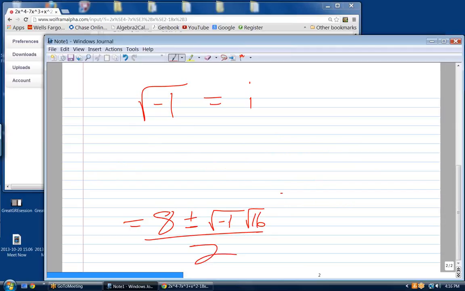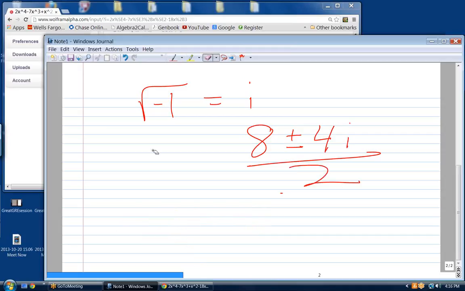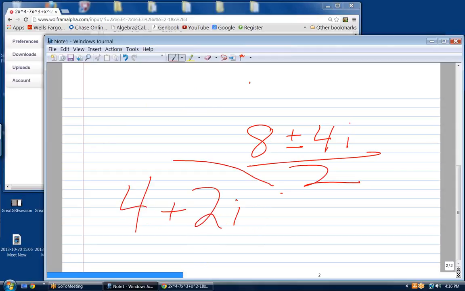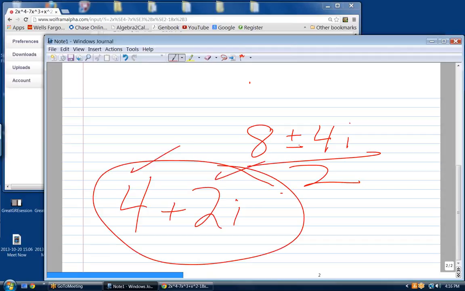That's a key step, breaking it into that, because now I can just replace that with i. So I have 8 plus or minus, this is the number 4, i all over 2. Well, now I'm going to divide each of these by 2. So I get 4 plus 2i would be my answer. This is the real part. This is the complex part.